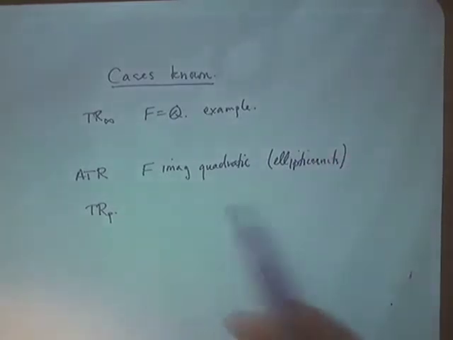And that's the only case where CM theory helps you construct units, even though CM theory is applicable for every CM field. Units don't seem to come out naturally from it, except for the case where your base field is Q and your CM field is F.